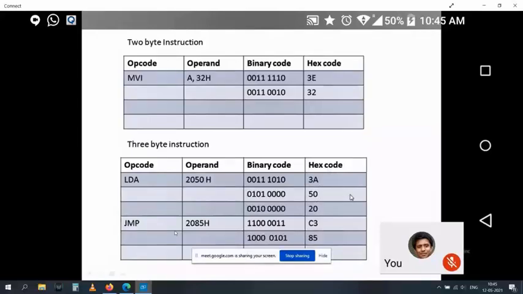Where is the data? It is in memory location 2050, so first is 50, then 20. So instructions are of three types: 1 byte, 2 byte and 3 byte instructions.